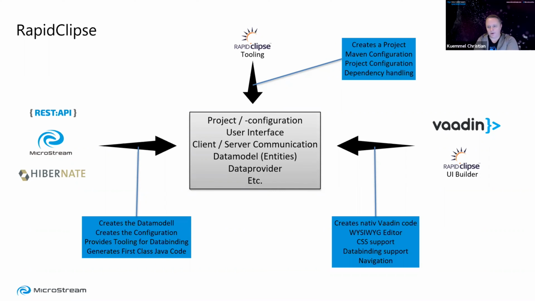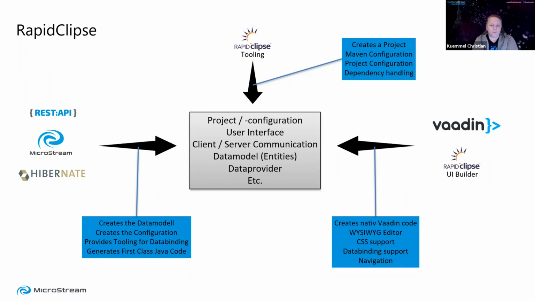So it's native Vaadin code, with CSS support, so you can see your CSS properties or your colors directly in the editor. And we have another tooling for data binding and navigation and so on, and a lot more.